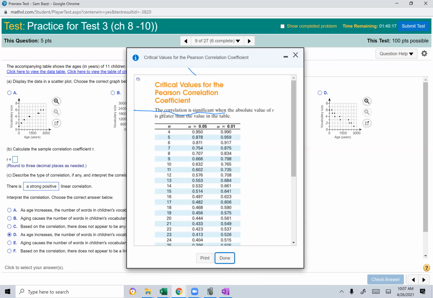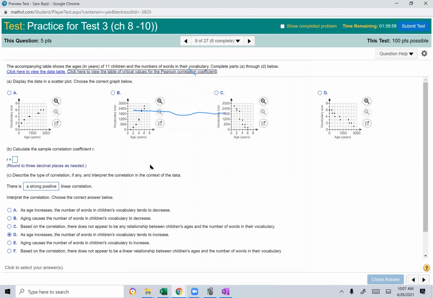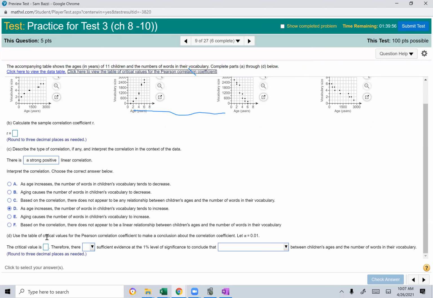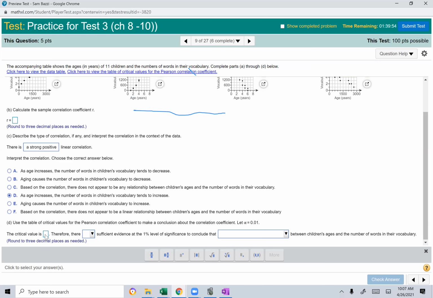And remember, the correlation is significant when the absolute value of R is greater than the value in the table. My value in the table is 0.735, as you can see, and my R is 0.975, I think it was. So let me show you what we put in the last one here. So the critical value is 0.735.